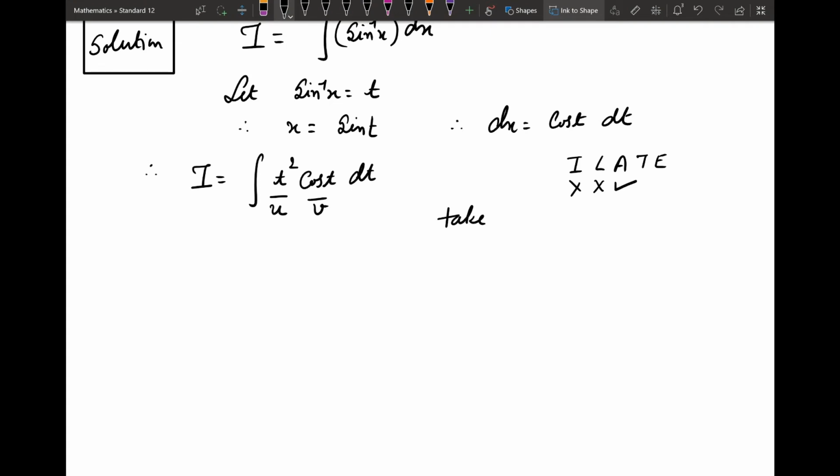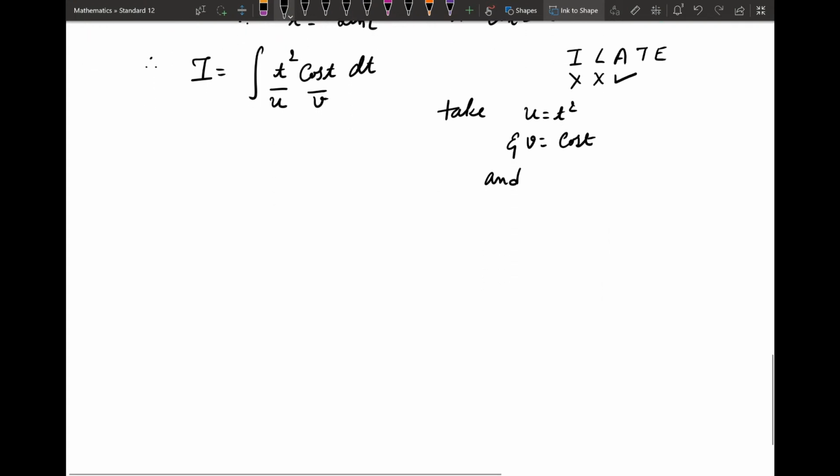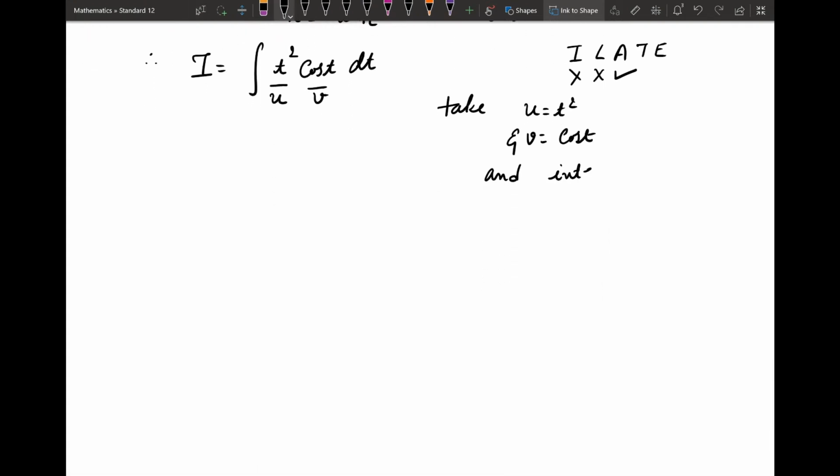So take u equal to t square and v equal to cos t, and integrating by parts: u integration of v, so t square as it is, integration of cos t is sin t, minus u dash, so 2t, integration of sin t dt.